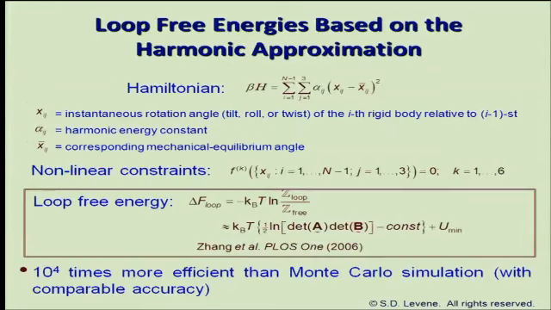So some years ago, I worked on a theory with Yonglei Zhang, who was then a graduate student at Yale. And we worked out a methodology for calculating the free energies of looping for small DNA loops.